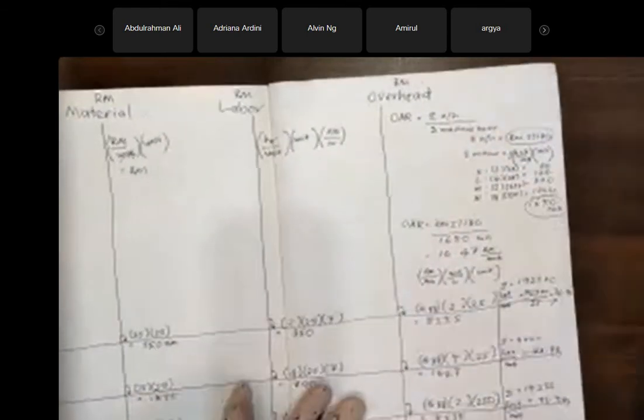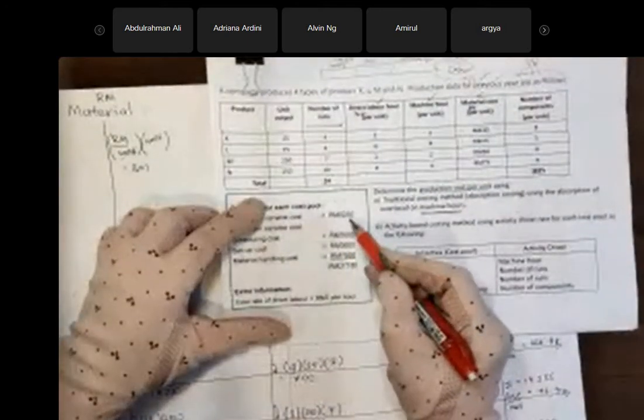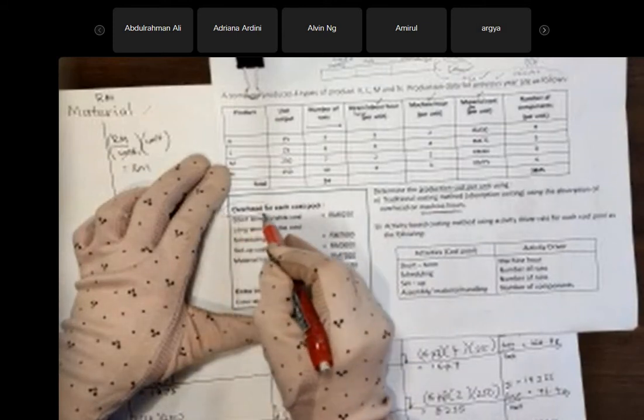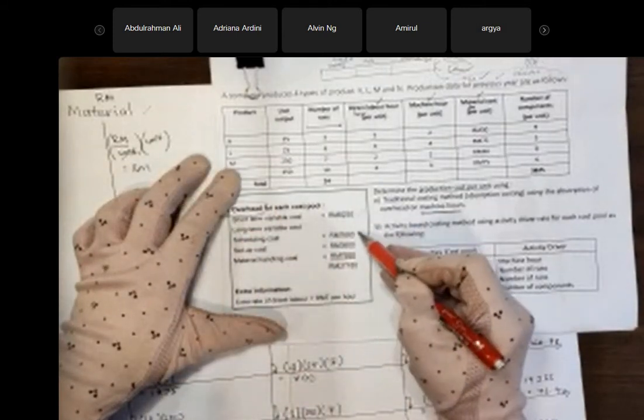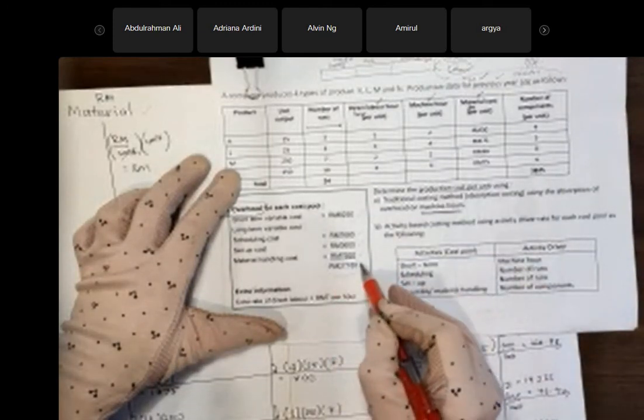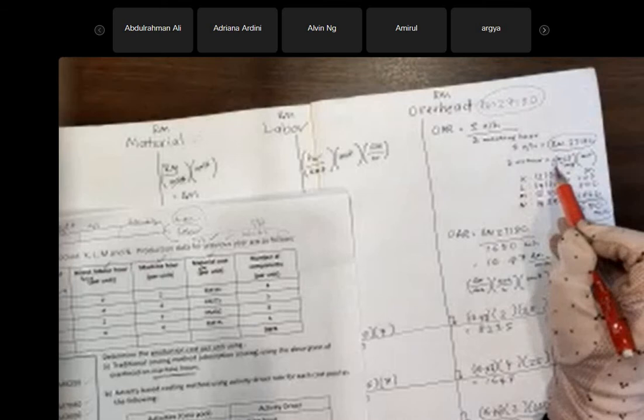Lump sum means you add up all the overhead and accumulate it to get the total. So this total overhead here is RM27180.